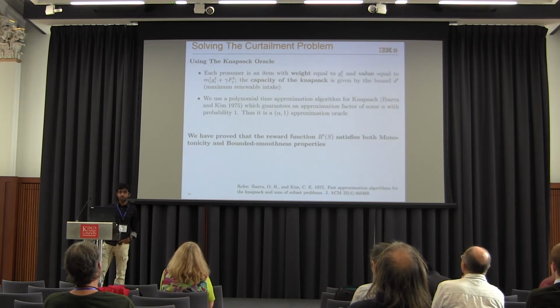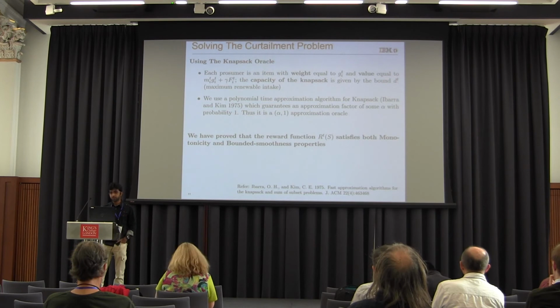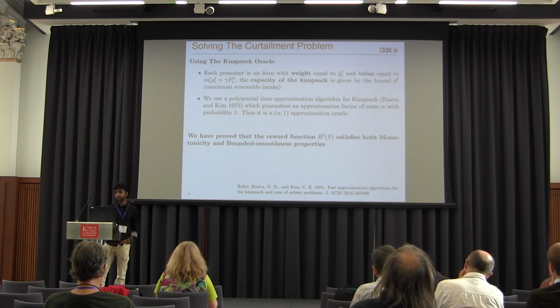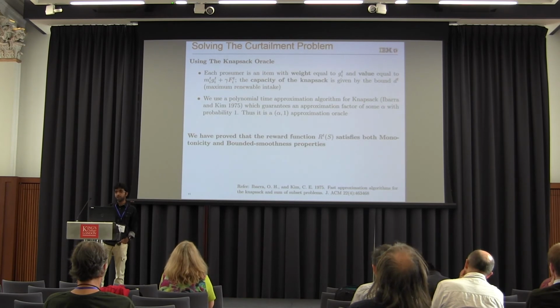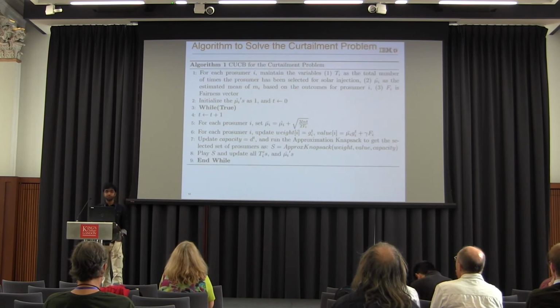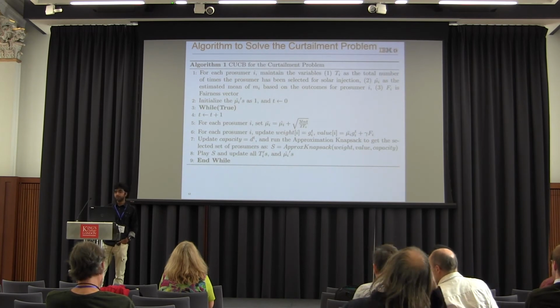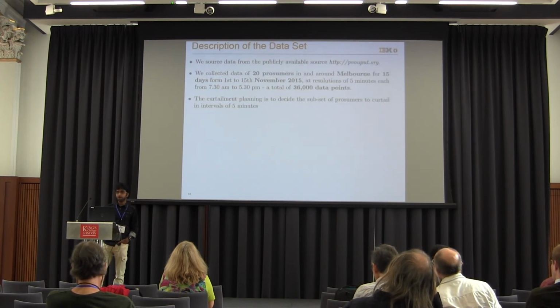As knapsack is NP-hard, we use a polynomial time approximation algorithm for knapsack, which guarantees an approximation factor of alpha, where alpha is typically a number from 0 to 1. We have also shown that the reward function satisfies both monotonicity and bounded smoothness properties. For the sake of time, I will skip the details of this algorithm. This is just the CUCB algorithm for this curtailment problem.